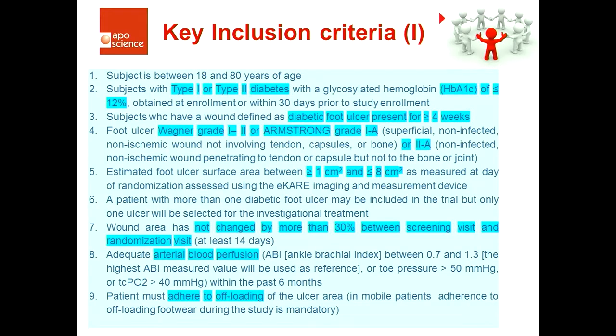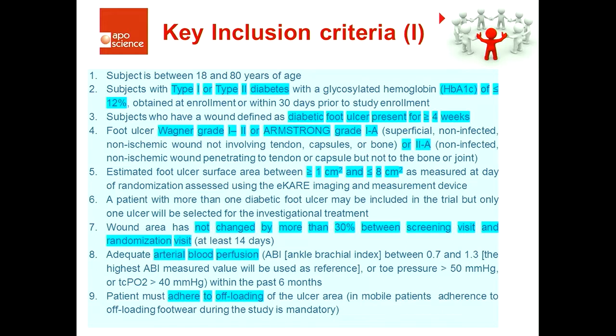The diabetic foot ulcer should be present for at least 4 weeks or longer. This goes to the definition of a chronic wound, actually. The 4 weeks gives the current standard of care time to see if it is successful for wound closure. We have heard about the Wagner or the Armstrong classification. I go further in my next slide.